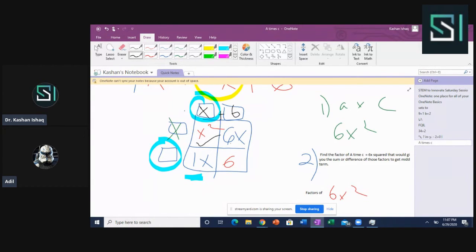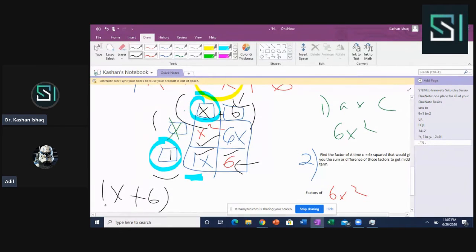Very good. So I'll put down x times 1 here. Now, does that take care automatically of the last ones with the arrow that I'm pointing at? 6 times 1 gives 6. So that satisfied this one, and that satisfied that one. So basically, I got one factor here, and the other factor is this, right? One factor is x plus 6, and the other factor is x plus 1.